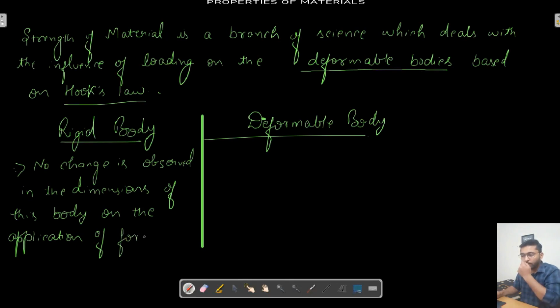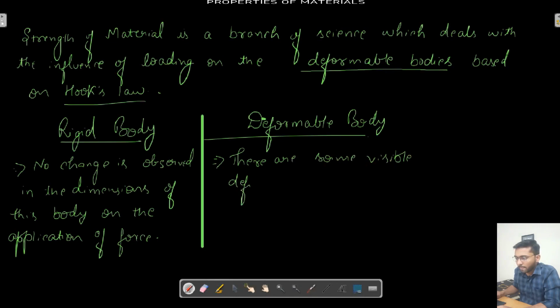And if we compare a rigid body with a deformable body, what do we see here? It is quite clear from the name itself that there are some visible deformations in the body. But why do we see those deformations?